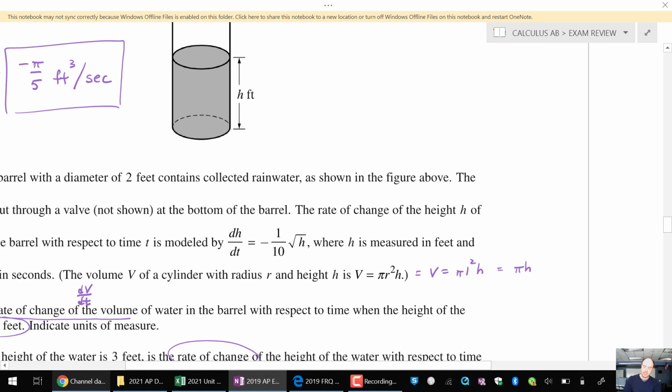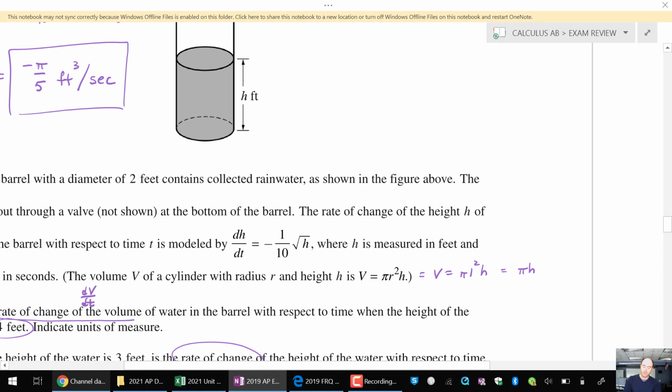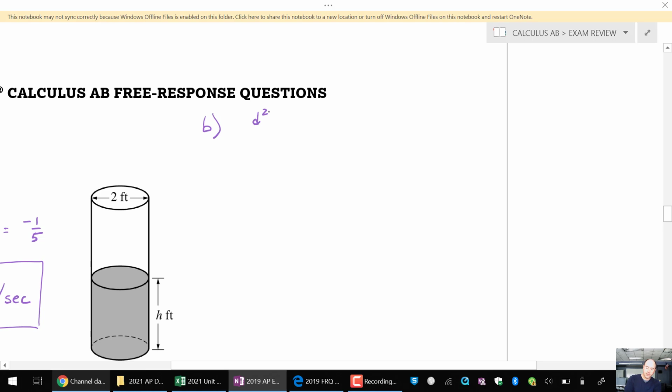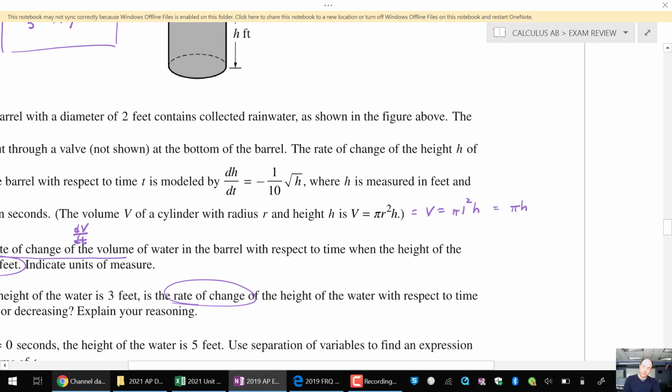So let's go back here to dH/dt and find the derivative of dH/dt. So d squared h divided by dt squared, there's the derivative of dH/dt. Well, let's take a look here now. If that is equal to -1/10 times h to the 1/2, let's do a power rule.